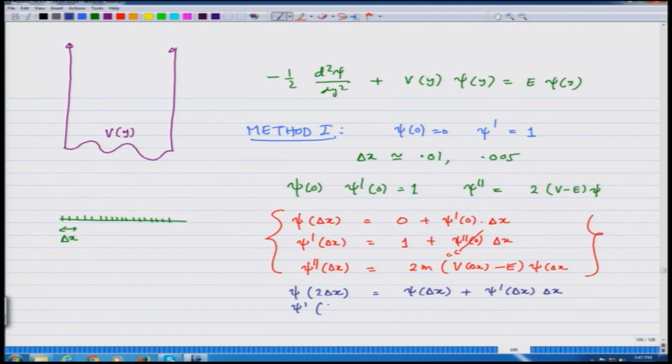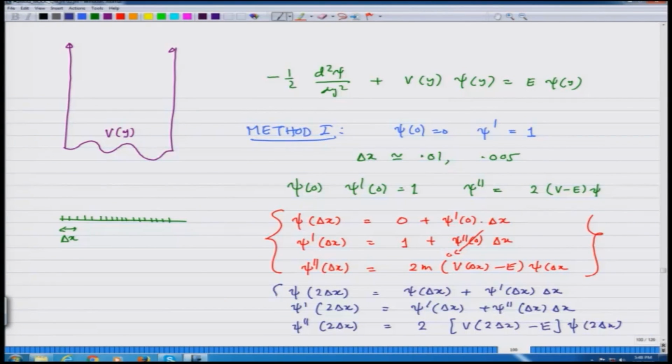Psi prime at 2 delta x is equal to psi prime at delta x plus psi double prime, which we have already calculated at delta x, times delta x, and psi double prime at 2 delta x is now updated to be equal to 2 (V at 2 delta x minus E) psi at 2 delta x. This is another cycle we have completed. This m should be going away, and now I can build up the solution and so on.